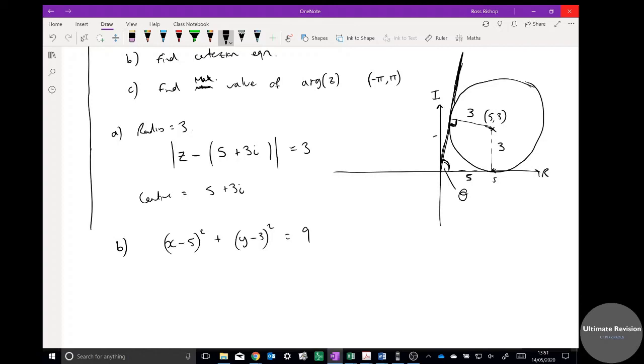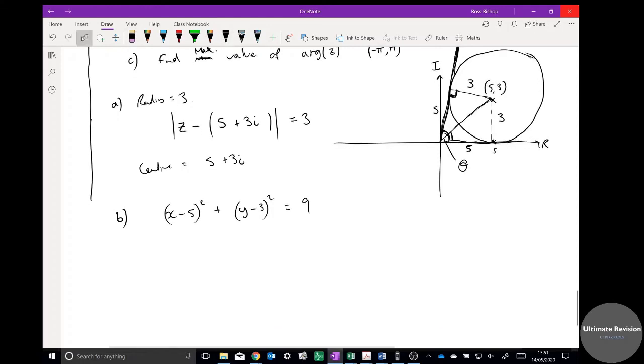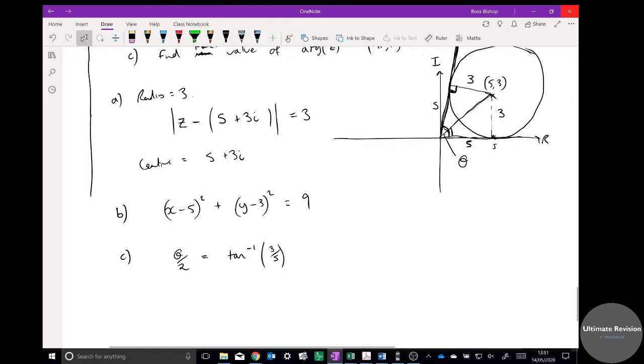Now, because what I've created here, I've got two tangents. I've got a tangent there and a tangent there, which means if I split this down the middle, that is going to be half of theta, okay? So I know theta over 2 is going to equal, again, 3 and 5. It's going to be the inverse tan of 3/5.